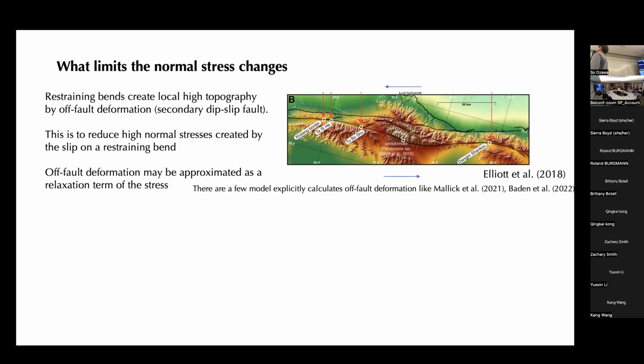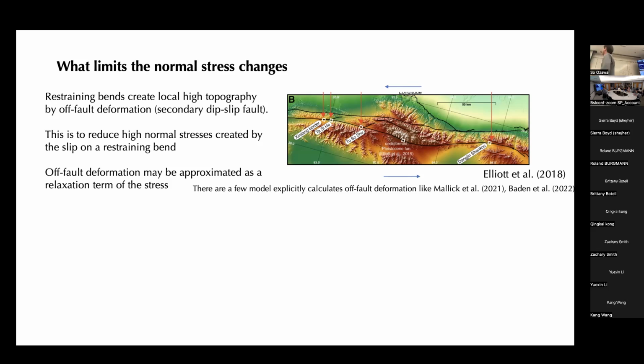In numerical simulation, like I'm doing using BEM, the boundary element method, we cannot account for the deformation in the fault medium because we are only discretizing the main fault planes. But we want to account for how fault deformation affects the stress state on the main fault.